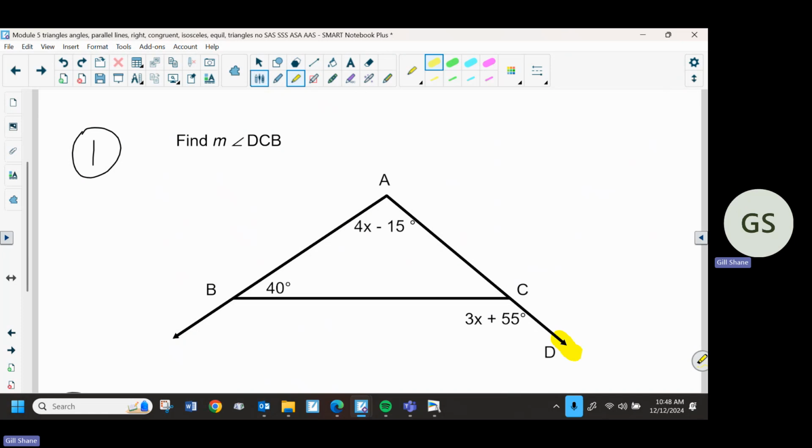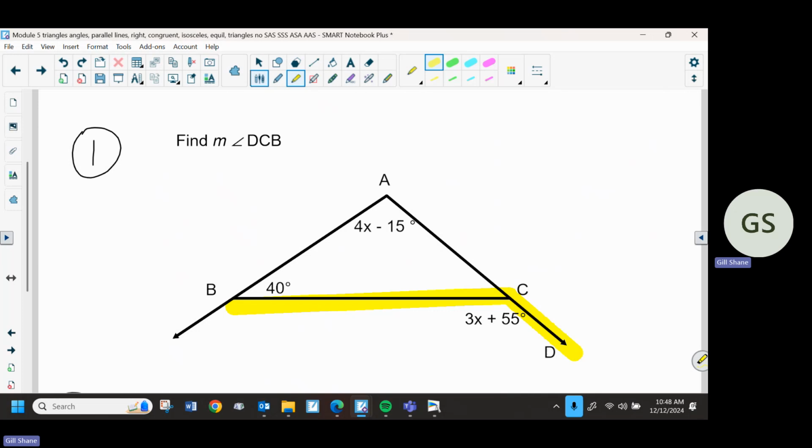But here was the other thing a lot of people messed up. It said solve for angle something, something, something. Something similar to this. A lot of people did solve for X correctly, but then they didn't give me what I asked for.